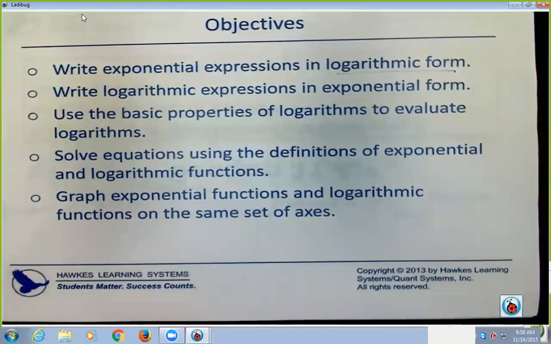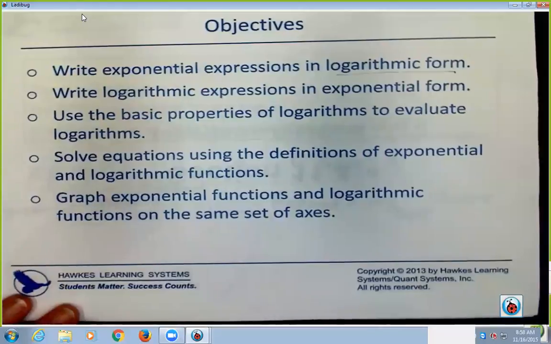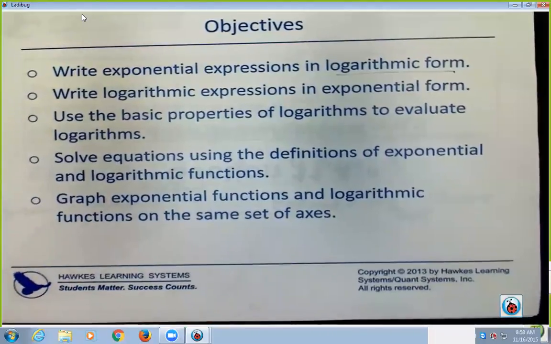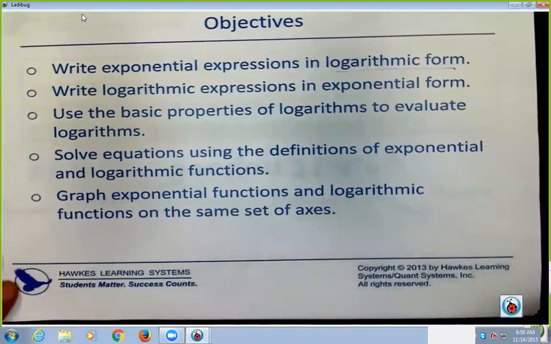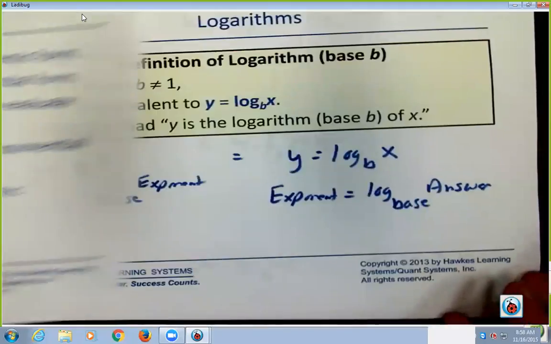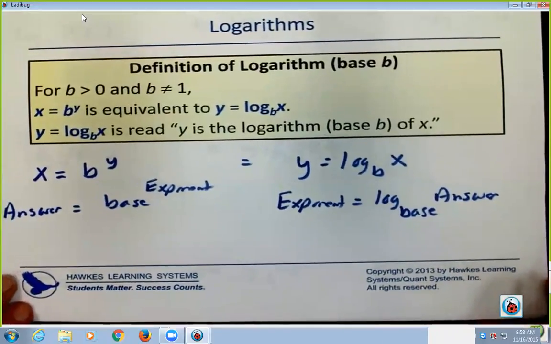They're not hard. You just got to reverse a couple things around. You learn some basic properties and evaluate equations, and then we're going to graph. But again, we don't end up getting into graphing as much with this part as we did in others.